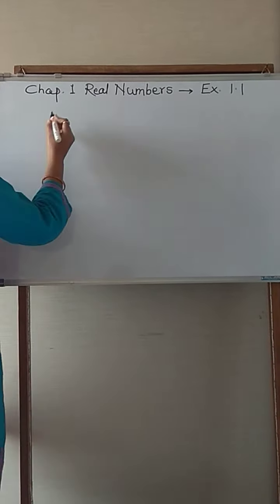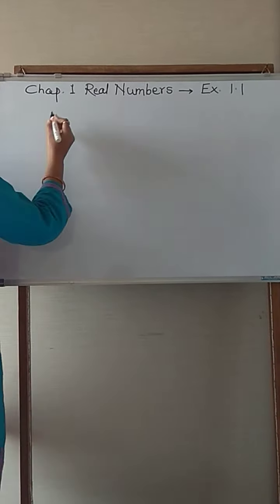So here let us see. For that we have to consider q as any integer. As we have to find the odd positive integer and the even positive integer, we have considered q is any integer.